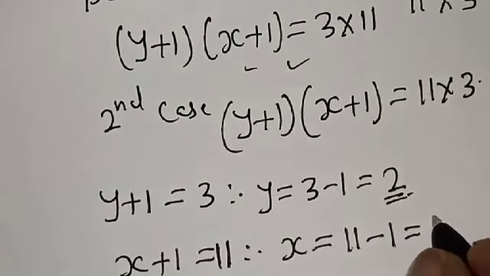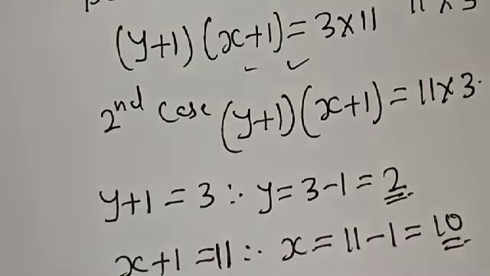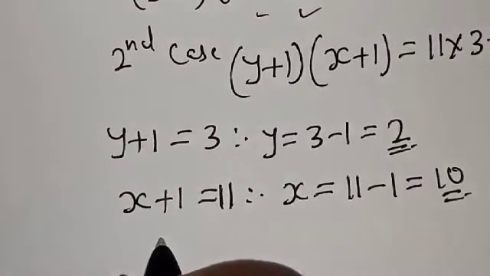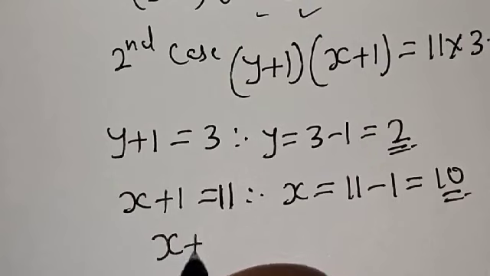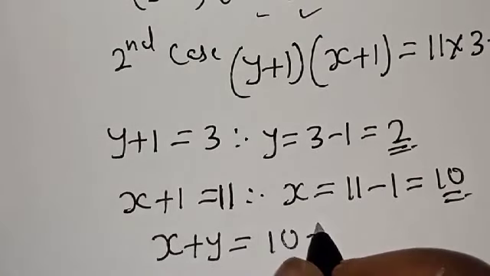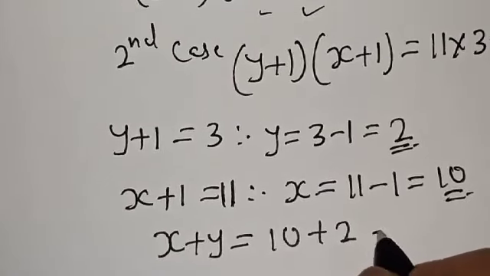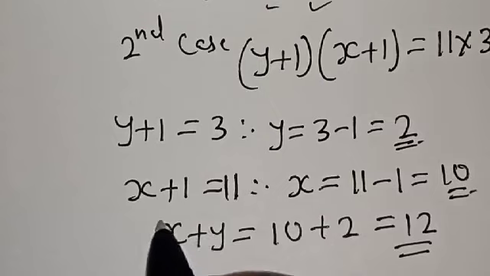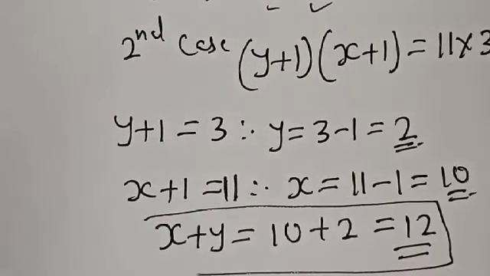This is equal to what? 10. Then for the first case, remember we are looking for x plus y. x plus y is equal to what? 10 plus 2. This is equal to 12. That is the value of x plus y for the first case.